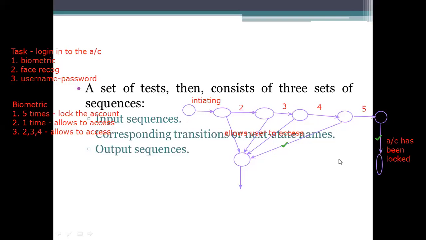By that, we will reach the 5th state, and the 5th trial we provide will fail, and you will get into the transition where the account has been locked. The transition has entered the state, which means the transition has been successfully done, and you reach the final point we are representing. That is one way.